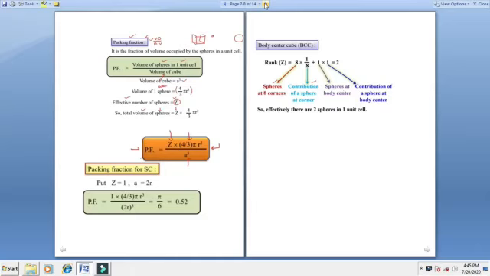Body centered cubic, BCC, the number of atoms per unit cell, I told you earlier also, is 2. So 1 from the 8 corners, and 1 from the center of the body. So effectively there are 2 spheres in the unit cell.